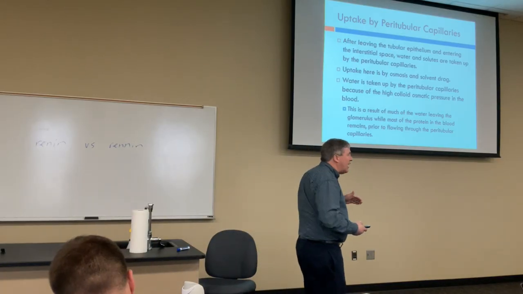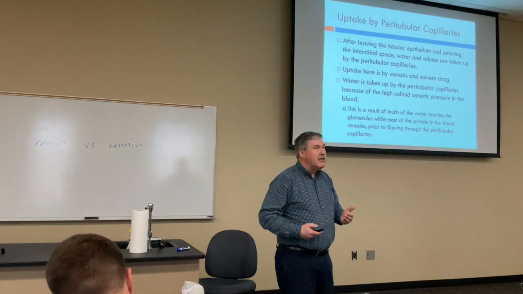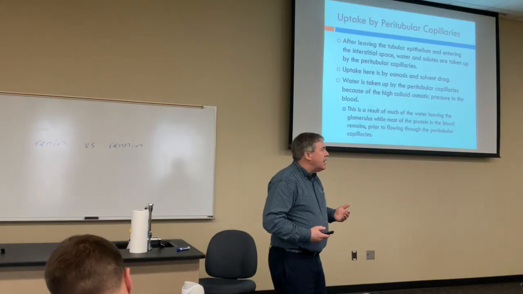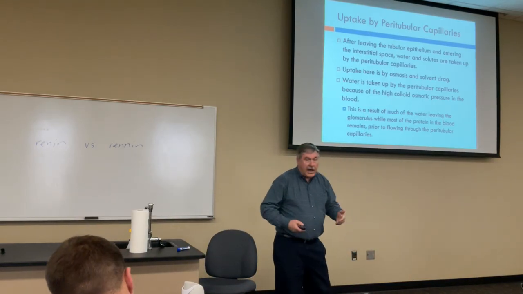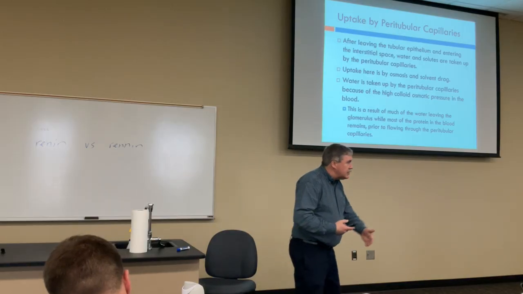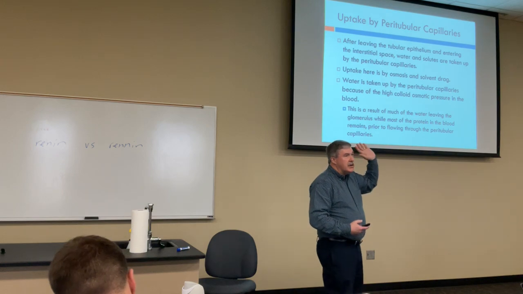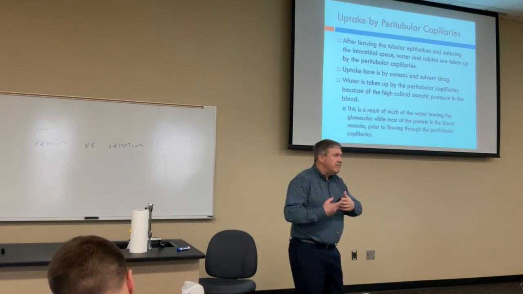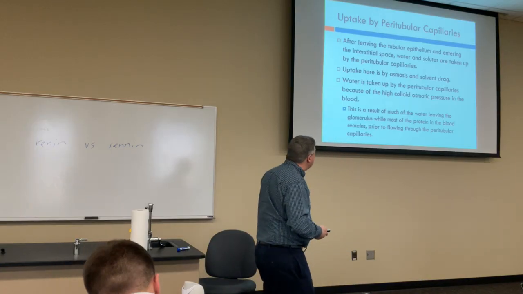That process is not understood very well, but they have a name for it, it's called solvent drag. Some of the sodium and chloride and potassium dissolves in the water, and when water gets reabsorbed by osmosis, those electrolytes just get carried with it. It's called solvent drag. Okay.